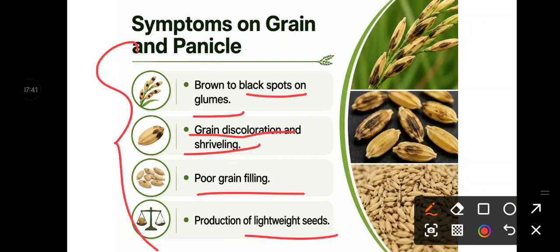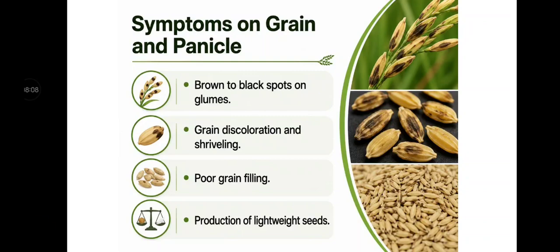It is affecting the seedling, causing seedling blight. In case of leaf, it is producing the typical leaf spot symptom, brown leaf spot with grey center and a yellow halo, and the shape of the spot is oval to circular. And in the grains, it is causing discoloration, typical black spots on glumes.